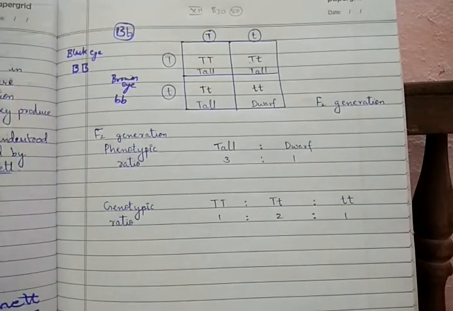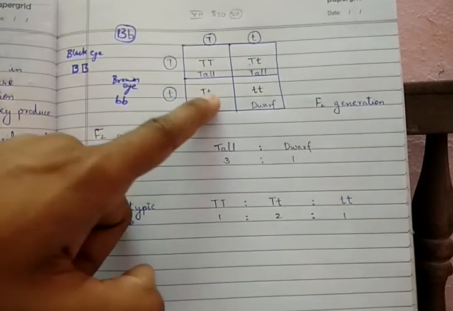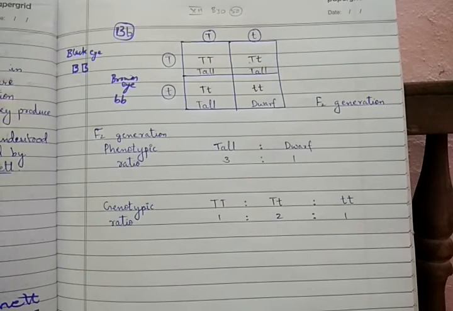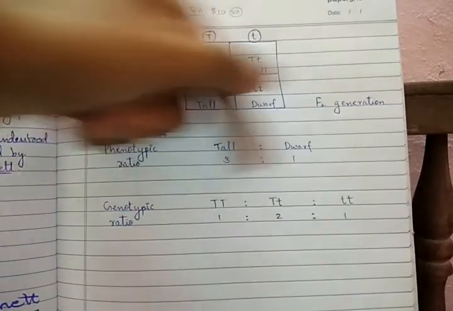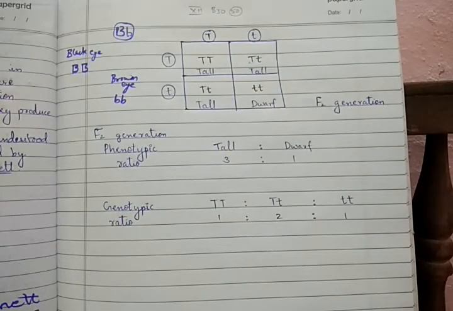There will definitely be a chance of recessive characters in the next generation also. 50% chance for heterozygous condition and only 25% chance, or 1/4, for the homozygous conditions. So this is how we can mention the probability criteria for how we can develop the phenotypic or genotypic ratio.